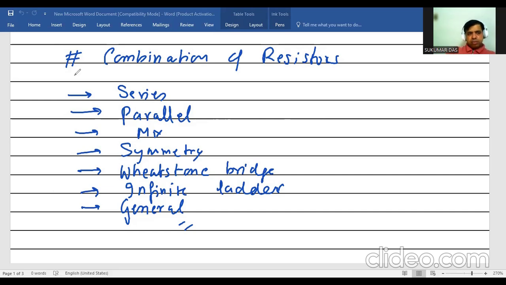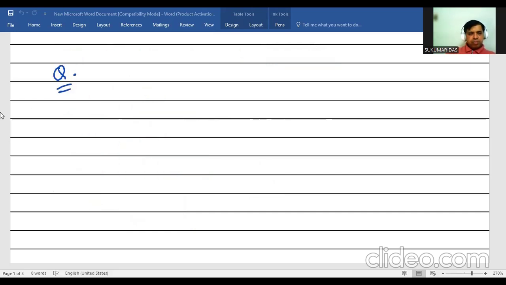So the question is, we have something like this. This is one resistor, this is another resistor, this is another resistor.